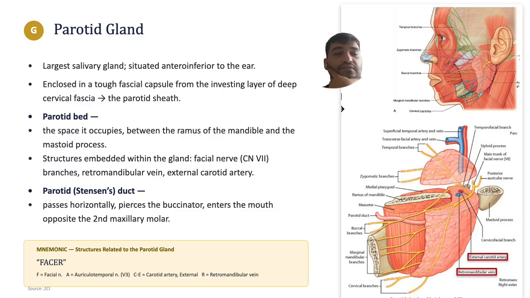And it has the facial nerve, retromandibular vein, which we talked about earlier, and then the external carotid. Then the parotid duct is also called Stenson's duct and goes through it horizontally. It pierces the buccinator and enters the mouth around the second maxillary molar.